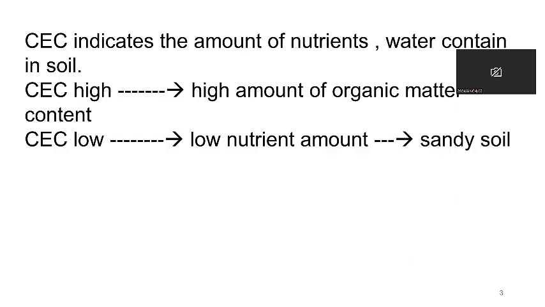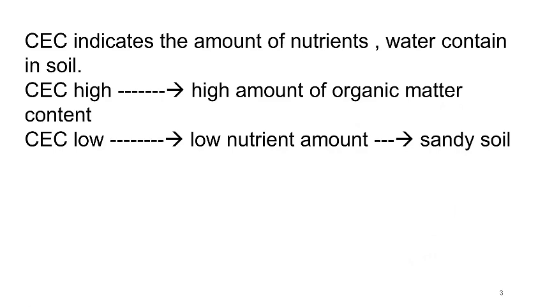We can calculate the cation exchange capacity using various methods, and using that value, we can say whether the cation exchange capacity is high or low, and we can predict the soil variety, the amount of organic material in the soil, and the water contained in the soil.